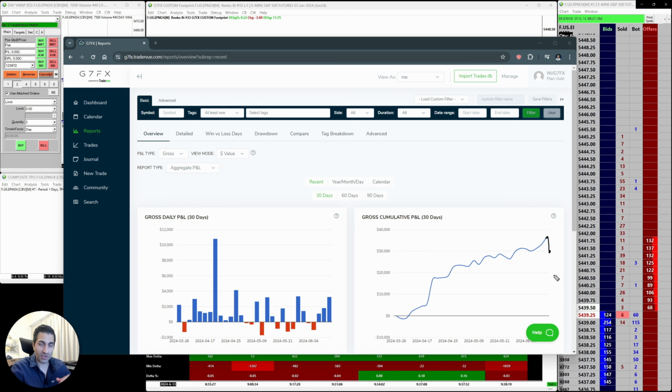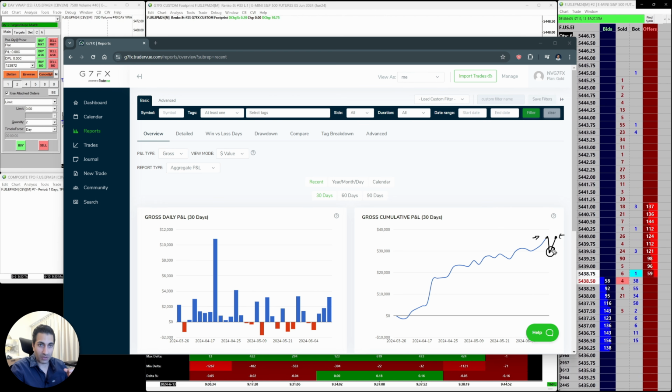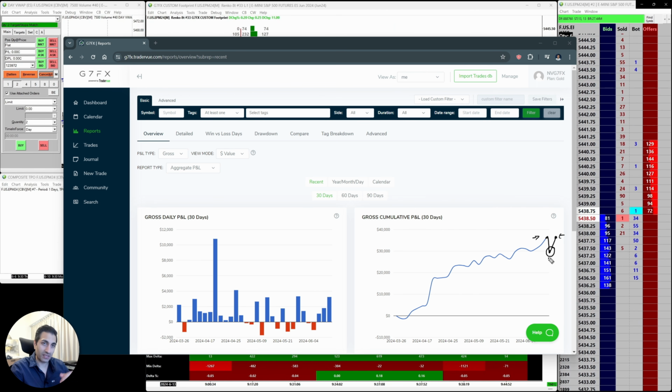Would you agree? If I come in the next day and the setup is actually there that I want and I make money, okay, so my equity curve goes back up, where have I ended up? At the same point that I was before. If I didn't take this trade and the next time I have a setup I do actually want to take and I get this positive result, my equity curve is going to end up here.